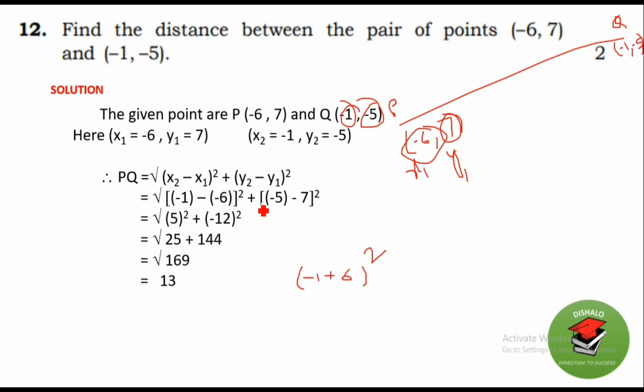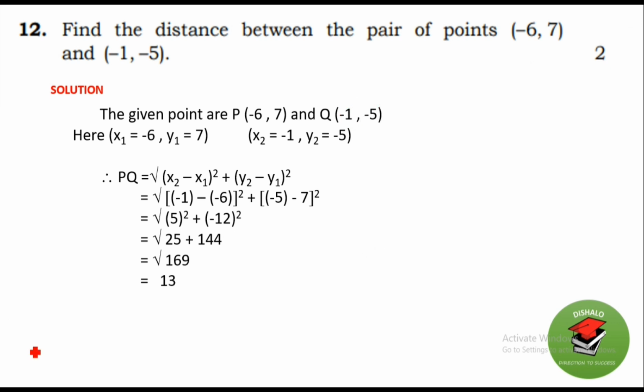Okay, so 5 square plus here again -5 minus 7 is -12 whole thing square. So 5 square is 25 plus 144, because minus into minus is plus, 12 square is 144. So when you add these two, you get 169, and root of 169 is 13. So let us move to next question.